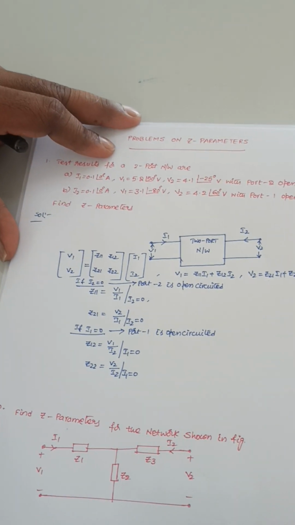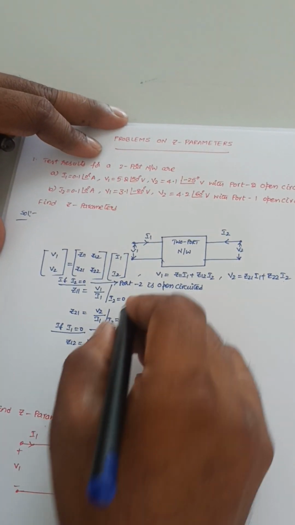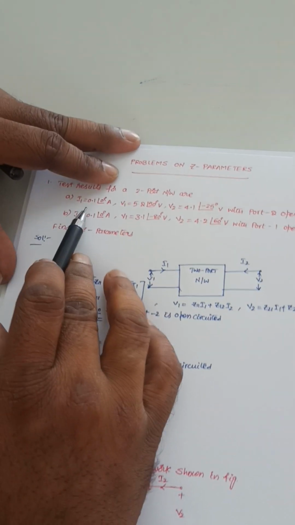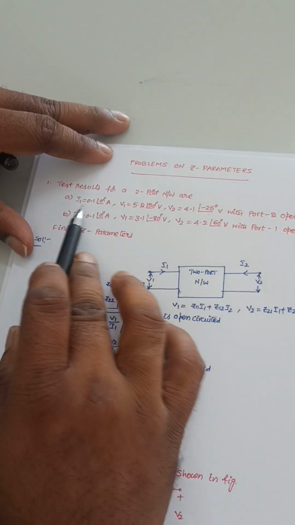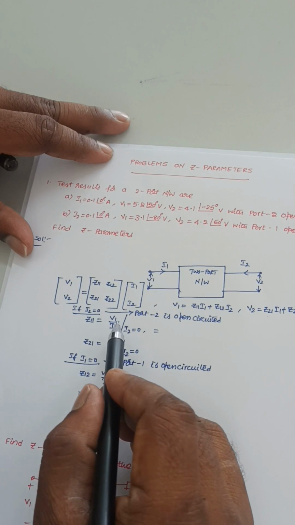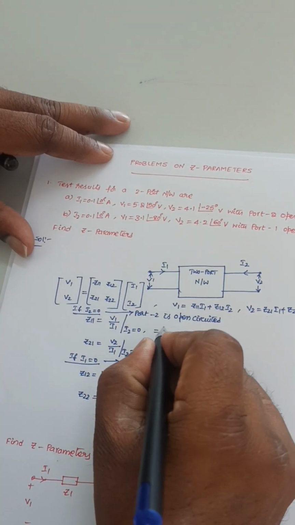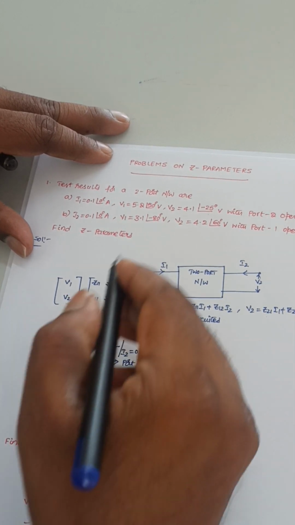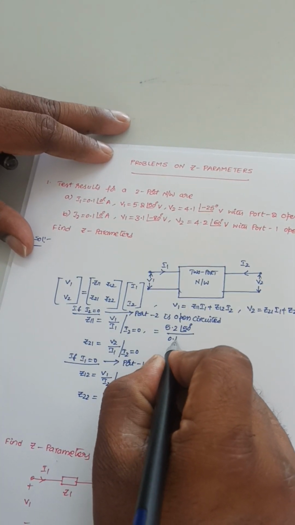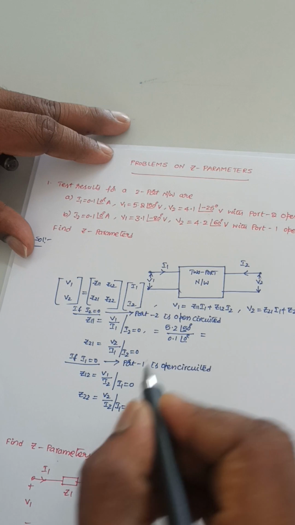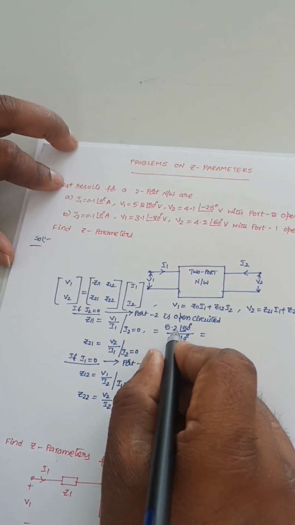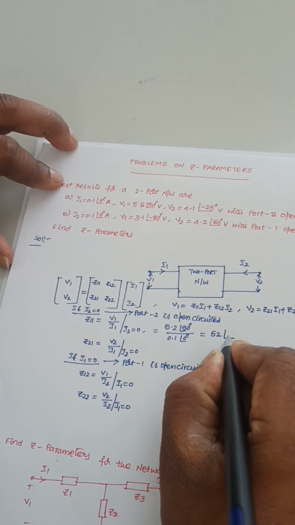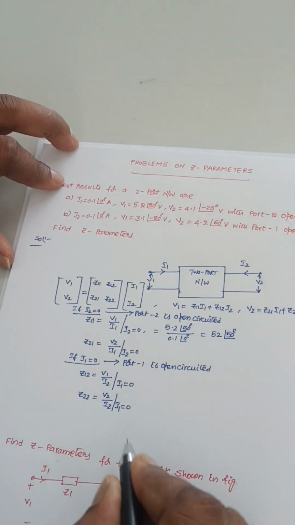And whenever port 2 is open circuited, these are the results that he obtained, that is I1, V1, V2. Here the V1 value is 5.2 at an angle 50 degrees divided by the I1 value, 0.1 at an angle 0 degrees. If I obtain this value, it is 52 at an angle 50 degrees.